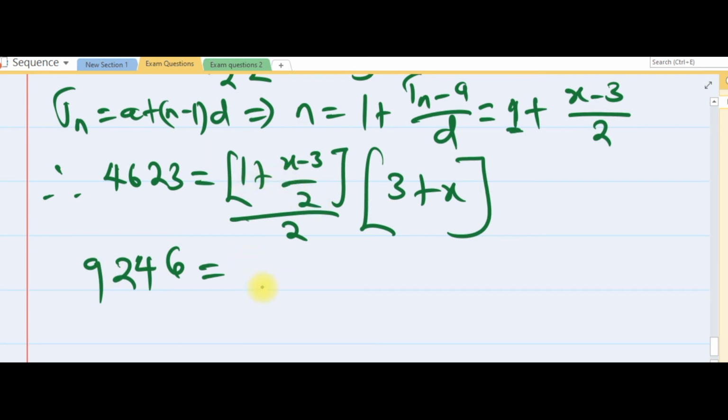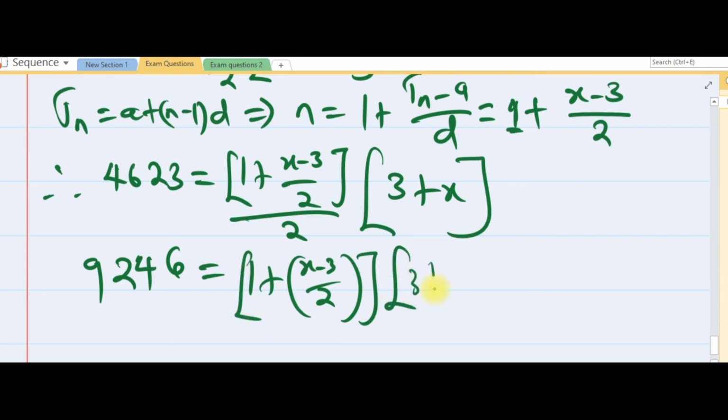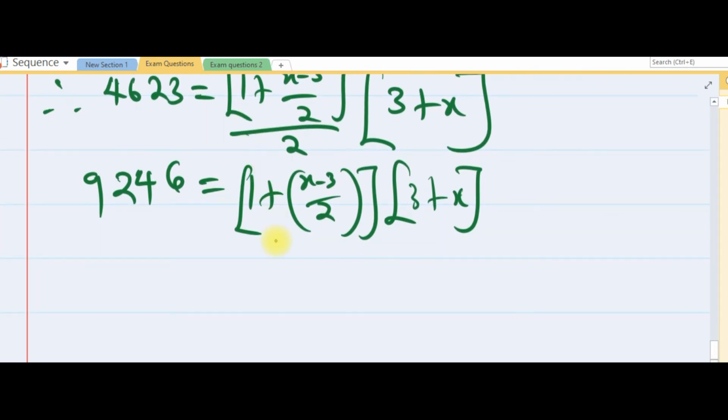Here we have 1 plus x minus 3 over 2, times 3 plus x. So the next thing, let's expand the bracket. But before we expand the bracket, the LCM here is 2.